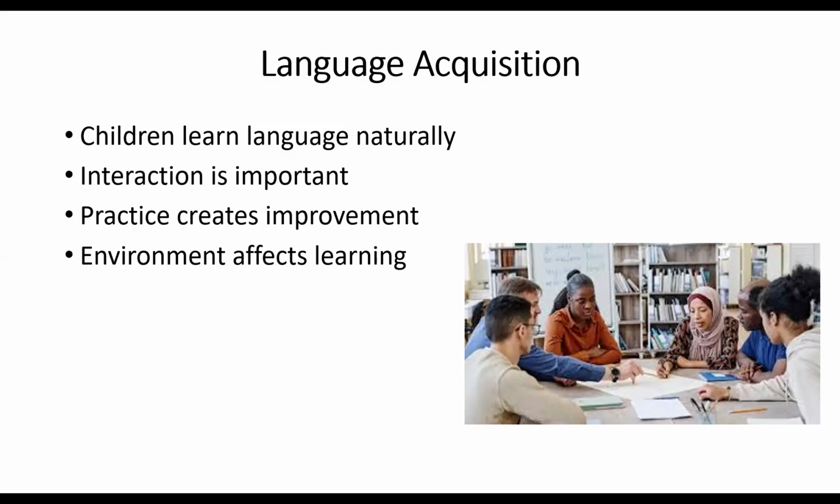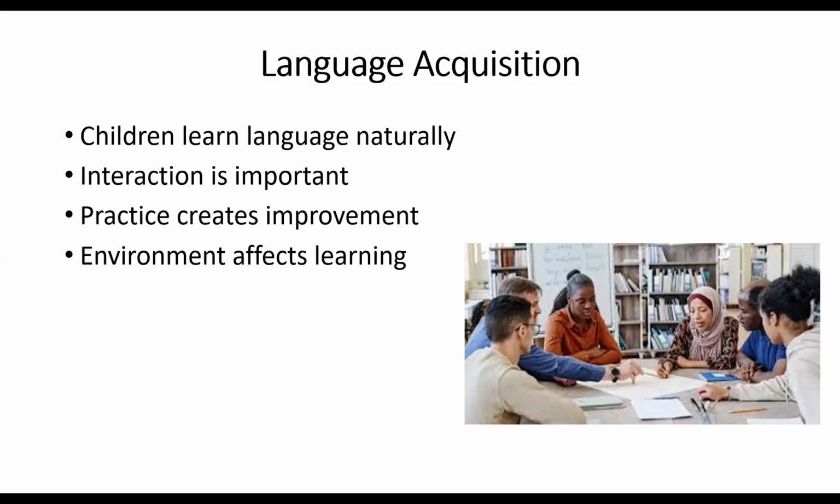Environment affects learning. I really believe that environment really affects the learning. Environment really influence the person. Like when I was in my university, I was afraid to speak English all the time. But when I joined an English club, the environment formed me to be a brave speaker.